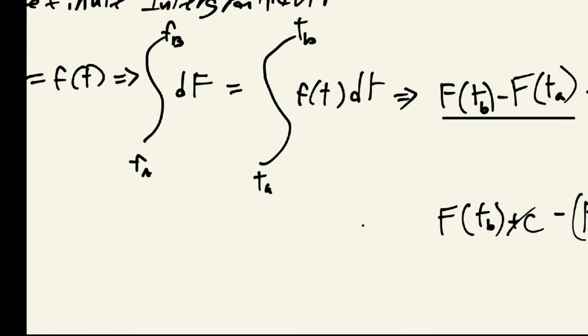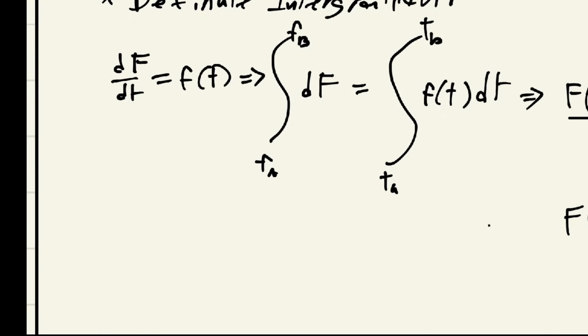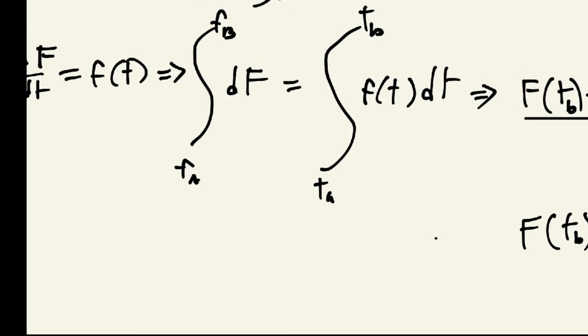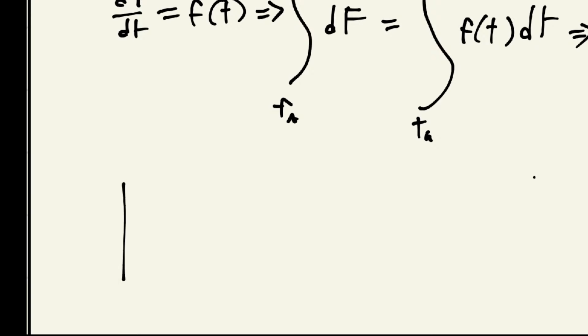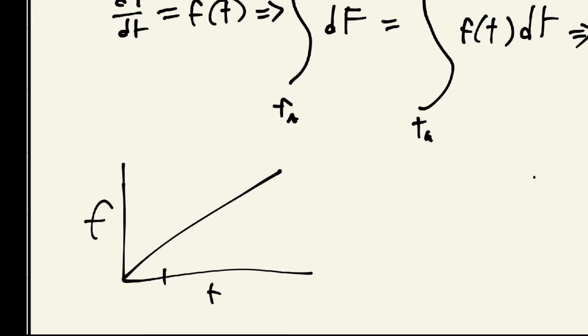And the reason why everything that I wrote before is correct is because this is the same thing. Imagine this is a graph of little f with respect to time. We're looking at these two points, t sub a, t sub b, and we're trying to find the area in this location.